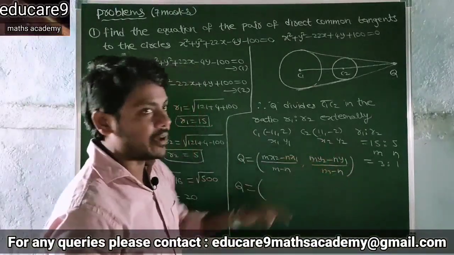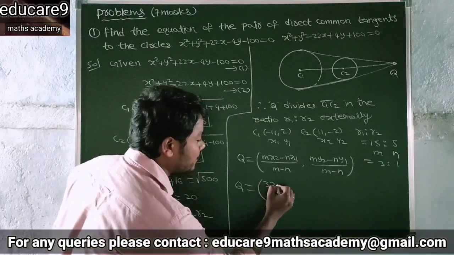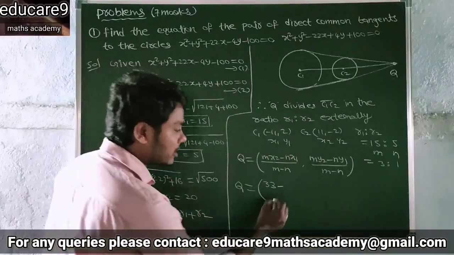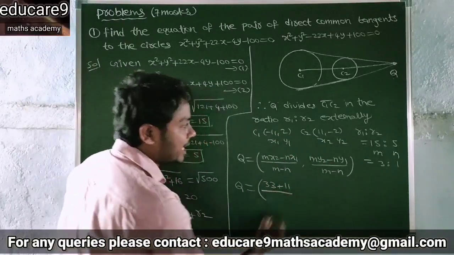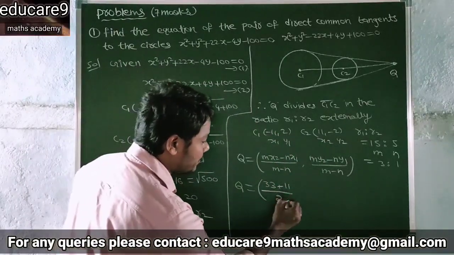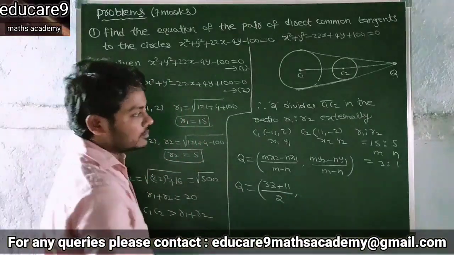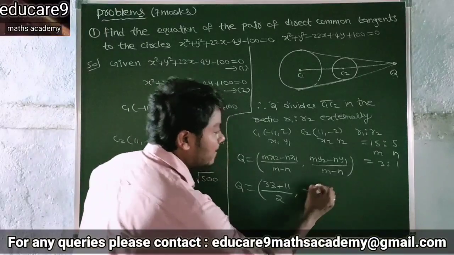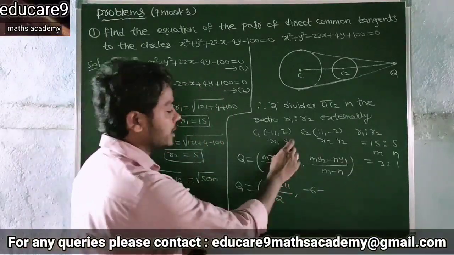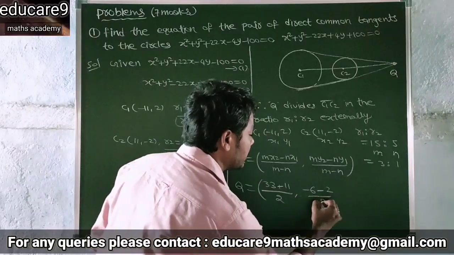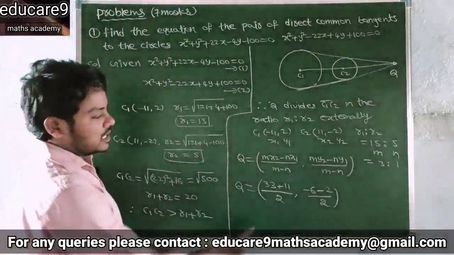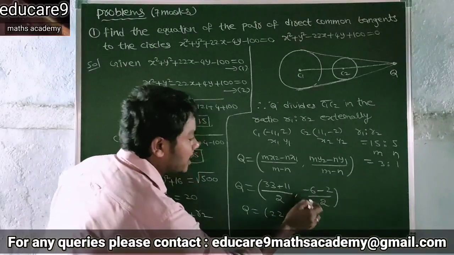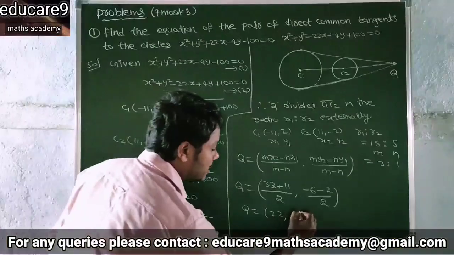So 3 into 11, that is 33, minus nx1, 1 into minus 11, you will get plus 11, by m minus n, that is 2, and my2, that is 3 into minus 2, minus 6, minus ny1, that is 2. So divide by 2. So this is 44 by 2, you will get 22. Here minus 8 by 2, you will get minus 4.